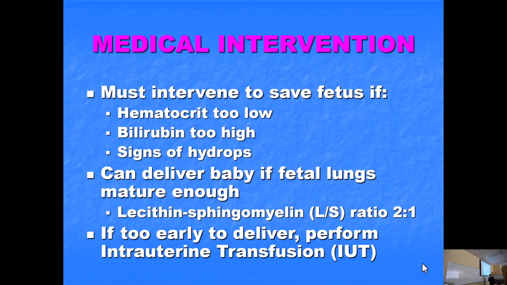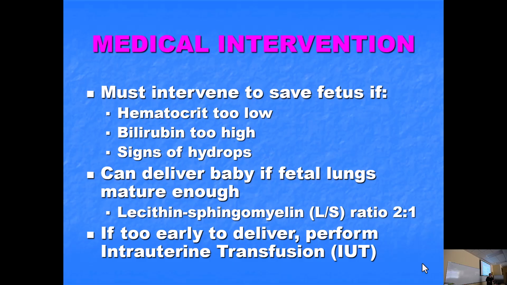So if the hematocrit is too low, if the bilirubin is too high, or there are any signs of hydrops in the baby, we have to intervene to save the fetus at that point. If the L/S ratio, lecithin to sphingomyelin, is 2 to 1, the lungs are mature enough, let's deliver this baby. Okay?